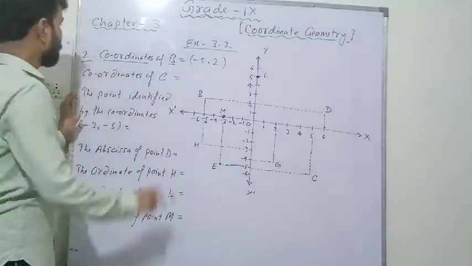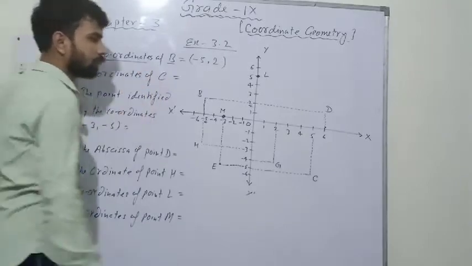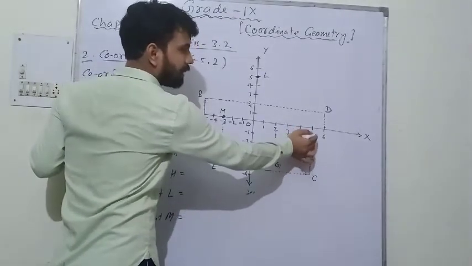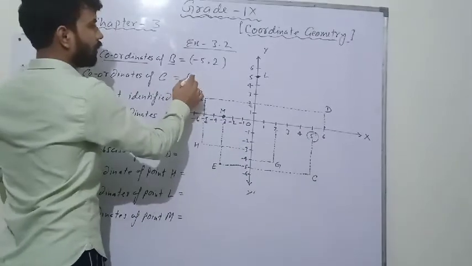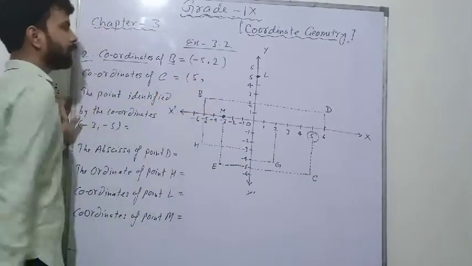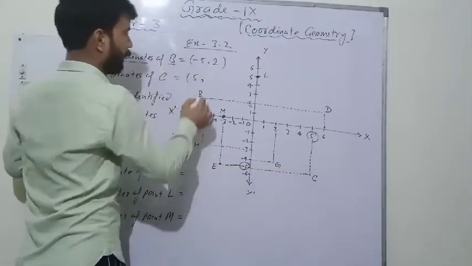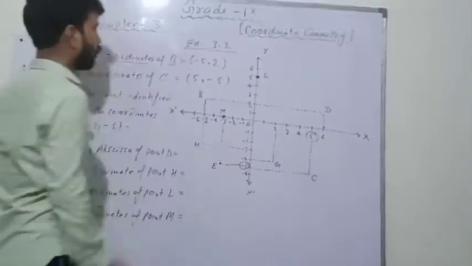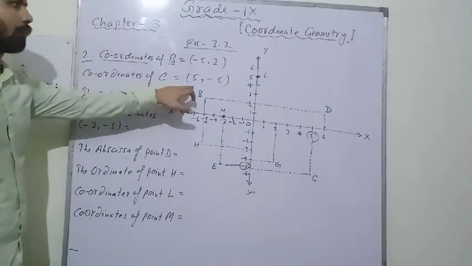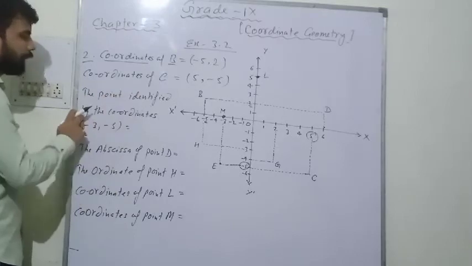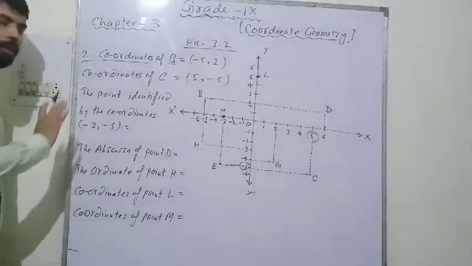Got it? Similarly, the coordinates of point C. So point C is here. On x-axis, this is 5. So first we have to write X point, and on y-axis is -5. So the coordinates of C are 5, -5. Third is the point identified by the coordinates -3, -5.